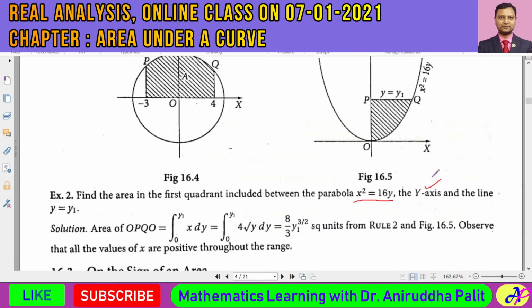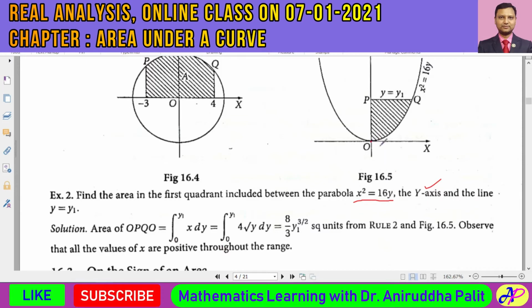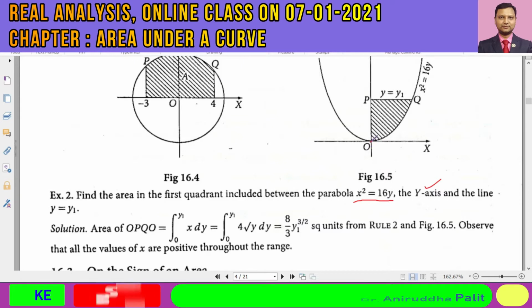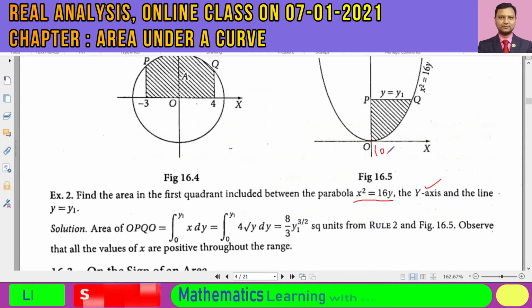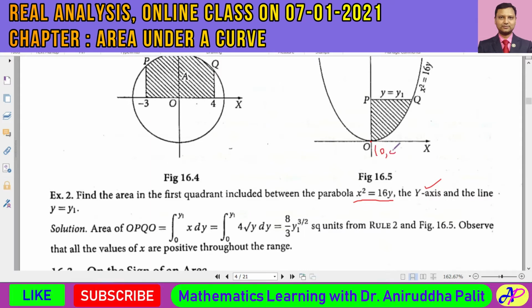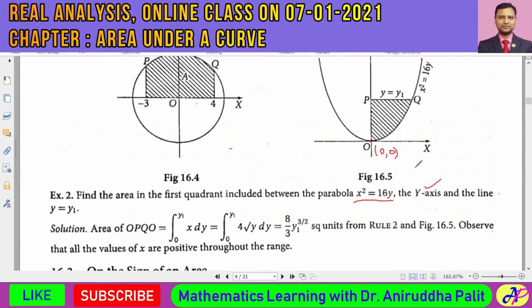And over here the integration formula is y varying from this point, this is the smallest value of y, and at the coordinate of the point 0 comma 0, the origin, the x coordinate is equal to 0, y coordinate is equal to 0.